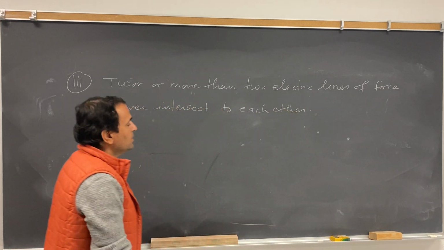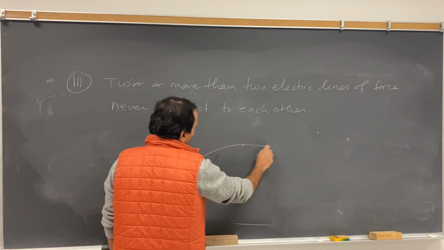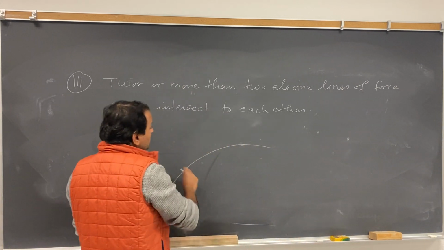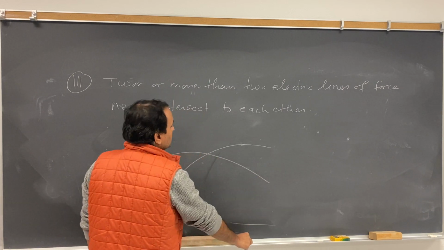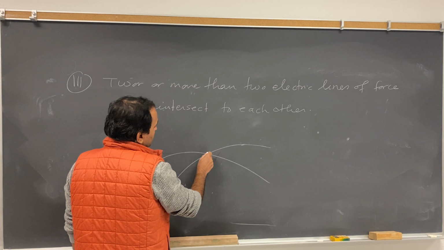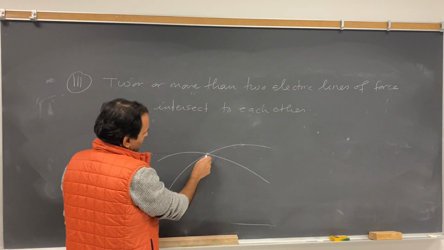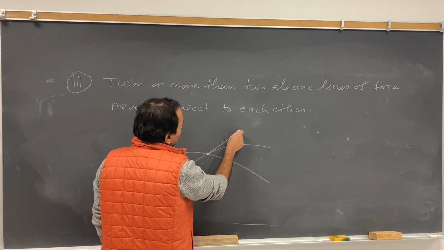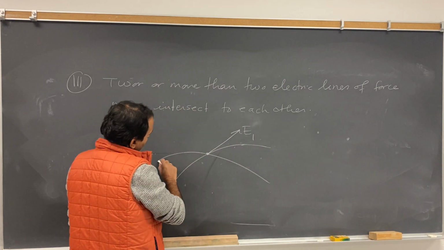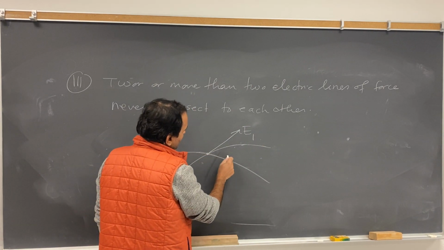Why? What happens? For example, let us suppose this is one electric line of force. Another electric line of force is, if it is possible, like this. Suppose they intersect. And at the point of intersection, look at this. For the first line of force, if you draw the tangent, this is E1, the electric field right here. And for the second line of force, this one, okay.